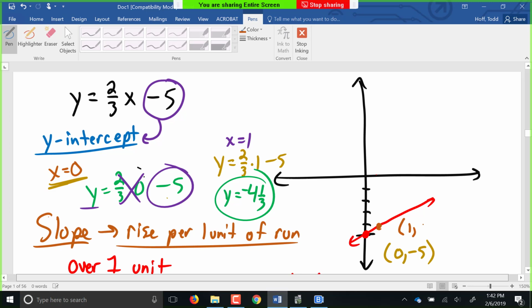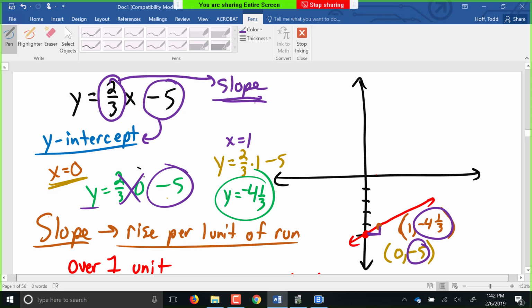So that point is x equals 1, negative 4 1/3. So when we went over 1 unit, how far did we go up? From negative 5 up to negative 4 1/3, we went up 2/3. So that number multiplying the x, as we pointed out at the beginning of class, is the slope.